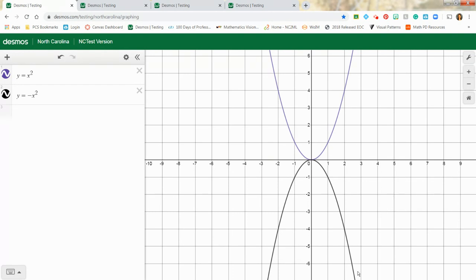So if we talk about what changed and how it affected the graph, the coefficient became negative. So a negative coefficient reflects the graph from wherever it was to being completely upside down and the opposite of before.